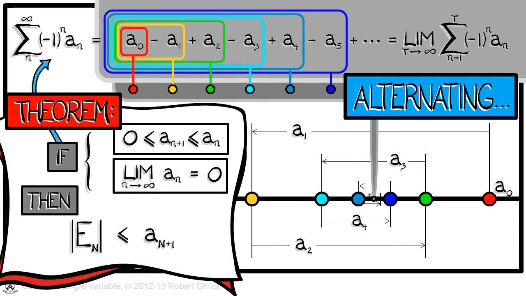Then, in this case, it's easy to get an upper bound on the error, E sub n, in absolute value. It is precisely a sub n plus 1, the next term in this series, because you're always overshooting. When you have an alternating series, this result is simple and useful.